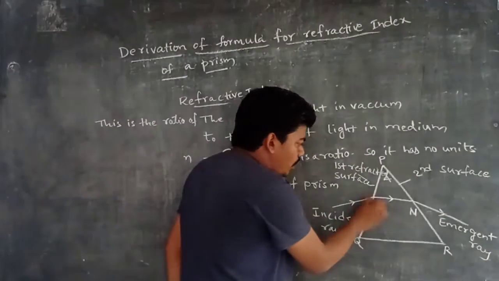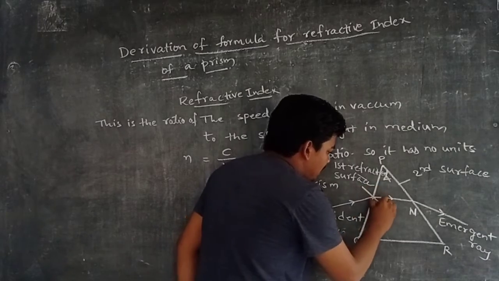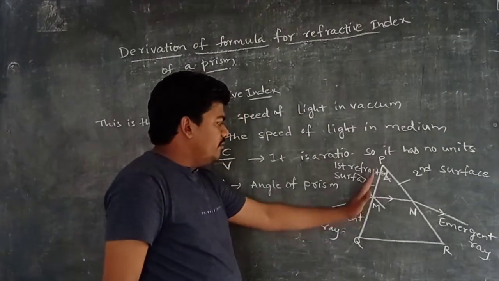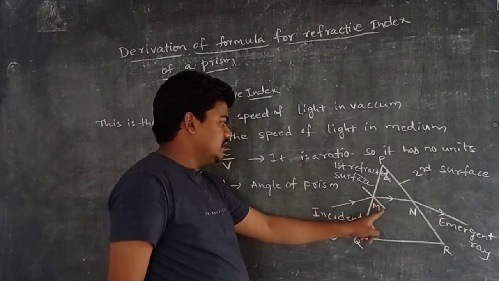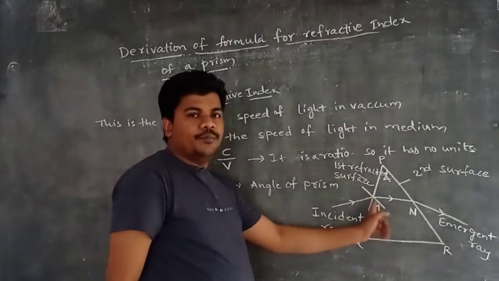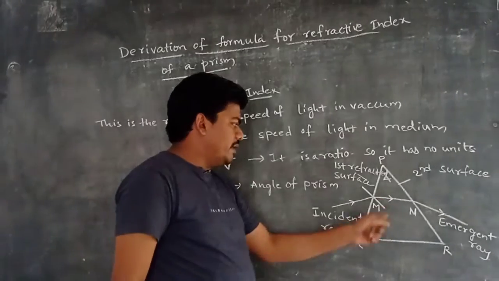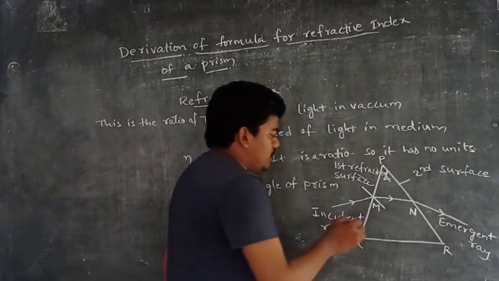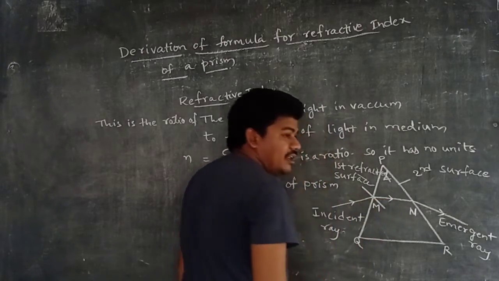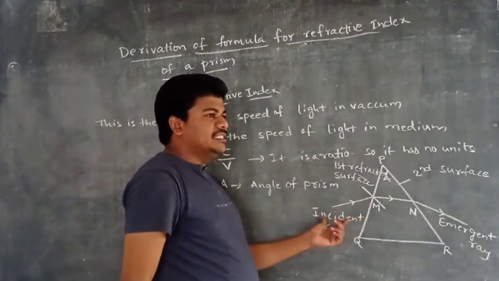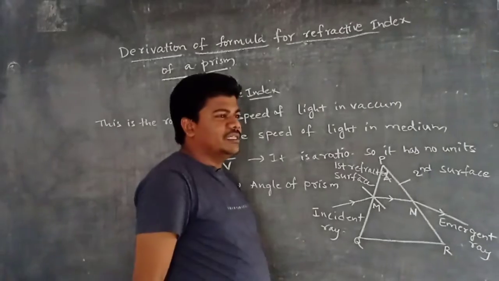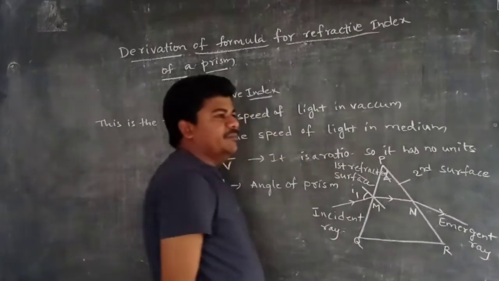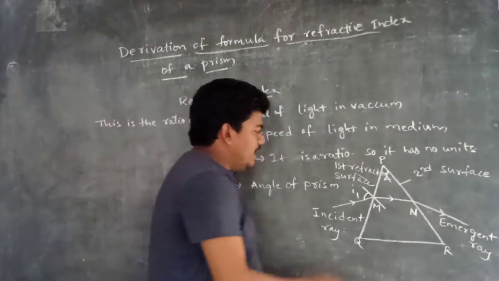This is the first surface. At point M on the first surface, I am drawing a perpendicular line, or normal. The angle made by the incident ray and the normal is the angle of incidence, I1.